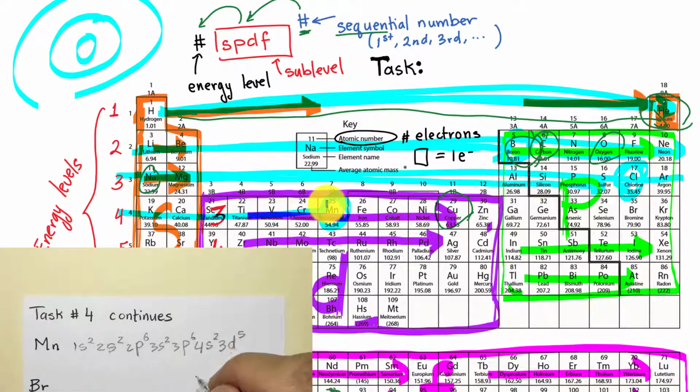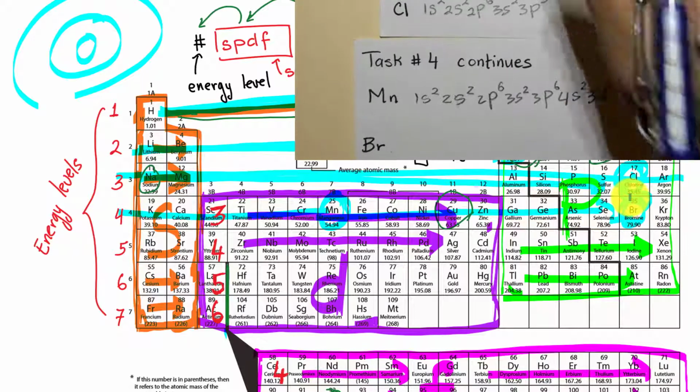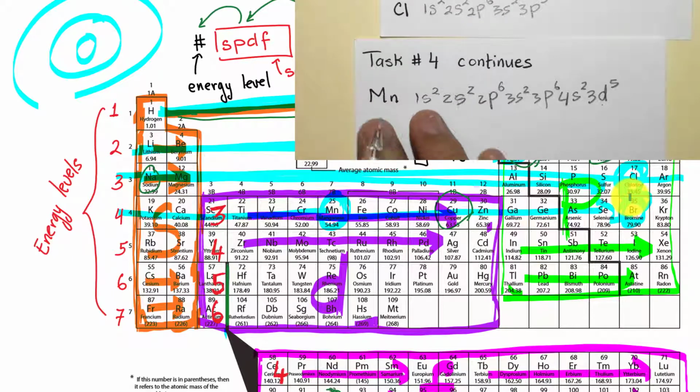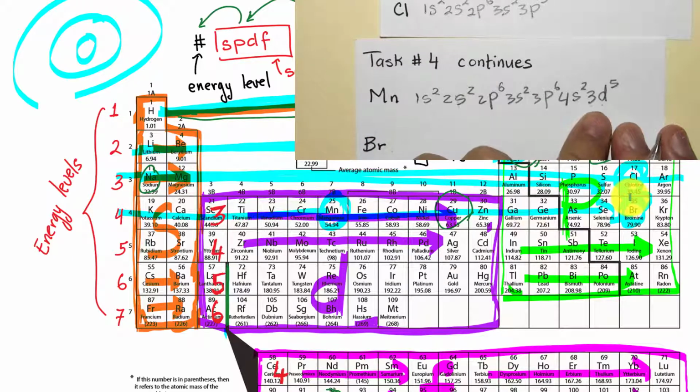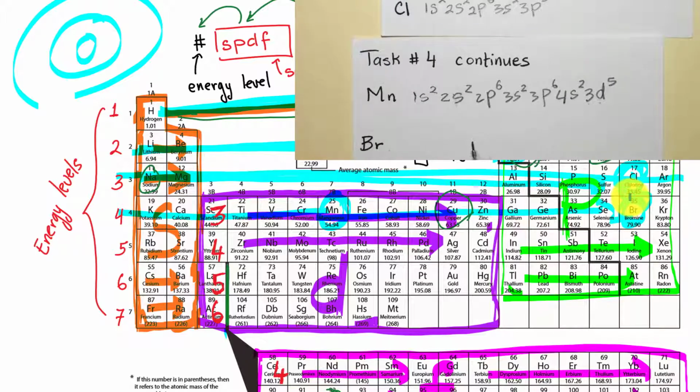Now you know what I mean by reading across the periodic table. Want to try another one for bromine? Notice bromine is right here. We are going to continue until we get to bromine. That's where we stop. You should notice the pattern now. Everything is the same until you get to the very end of your element. So all I have to do for bromine is copy whatever I have from the beginning, including manganese.